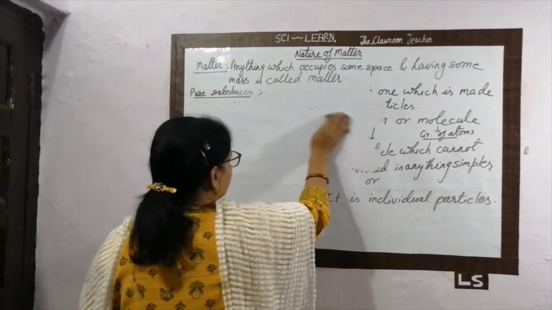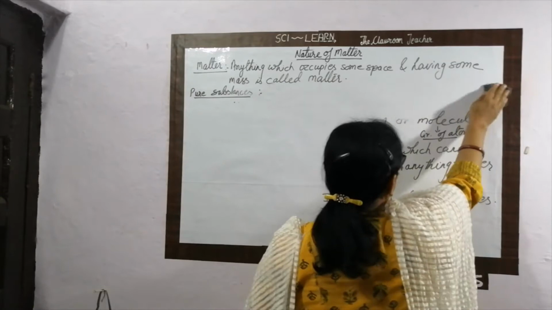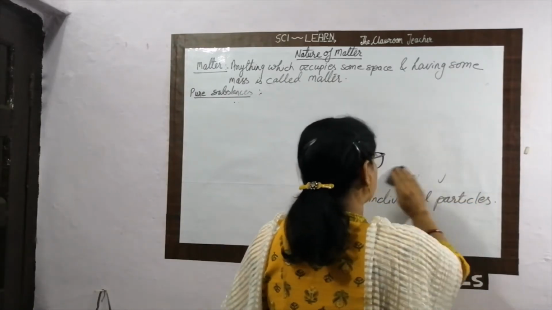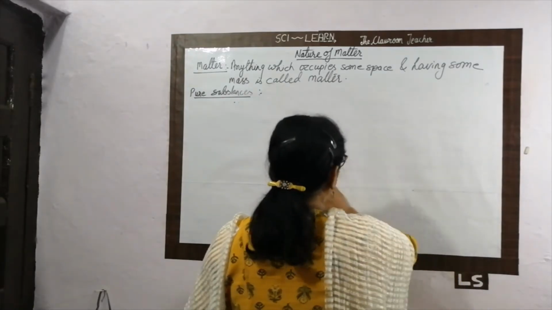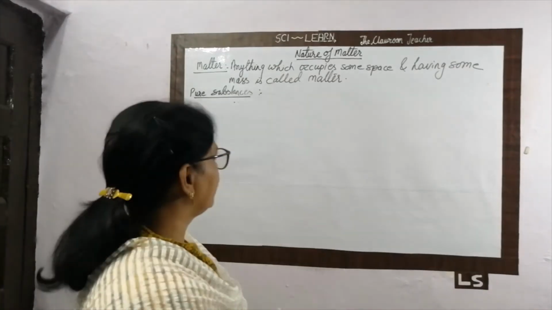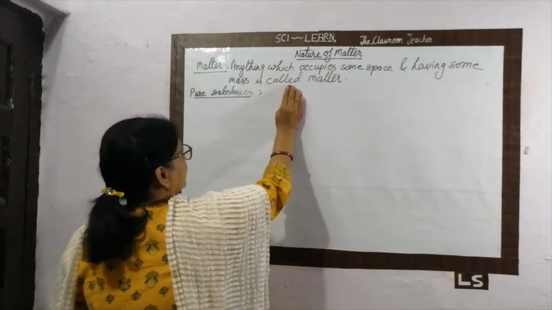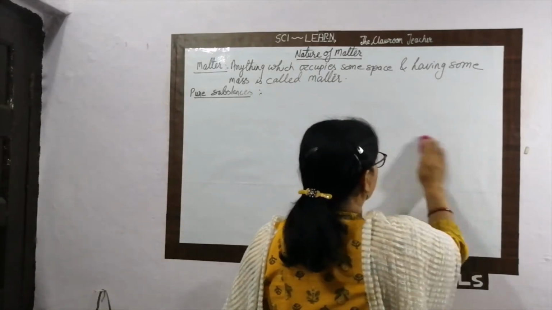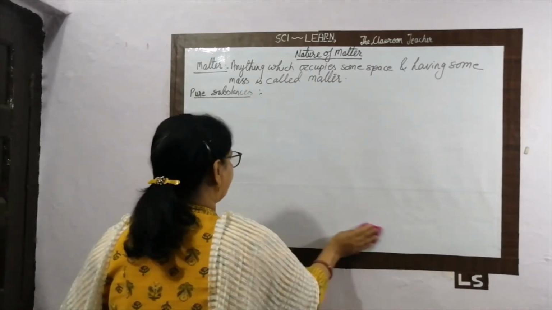If pure is made up of only one type of particle, it is very clear what impure is: it is made up of more than one type of particle.